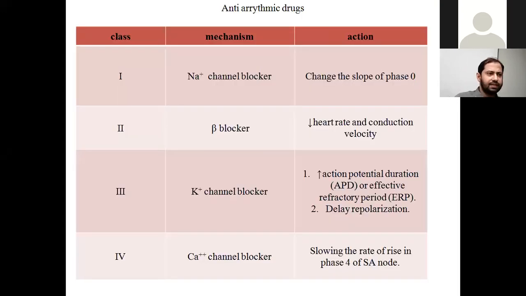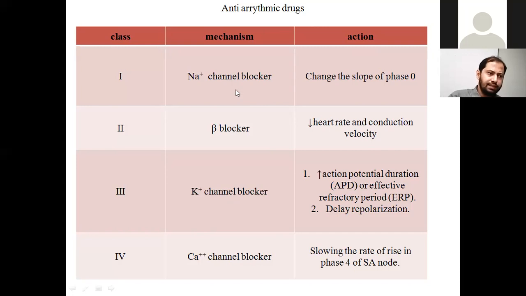Again, class 1 drugs are sodium channel blockers, and they affect the slope of phase 0. Class 2 drugs are the beta blockers, and they decrease the heart rate and conduction velocity. Class 3 drugs are the potassium channel blockers, and they increase the action potential duration as well as the effective refractory period, and delay repolarization.